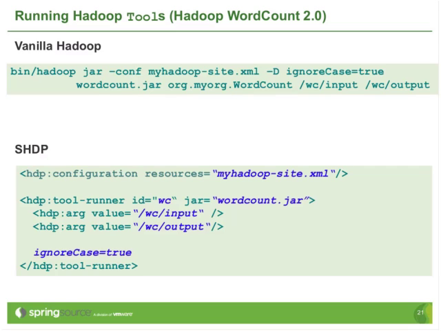You can probably see here that I don't necessarily specify my org word count, and that is because as much as possible we're trying to look at sensible defaults. You have specified a jar already, we know this is about tools, so we look at the jar, look at the classes, and figure out the main entry class. We know that's a tool, so we can automatically do the injection here between Hadoop configuration, right?